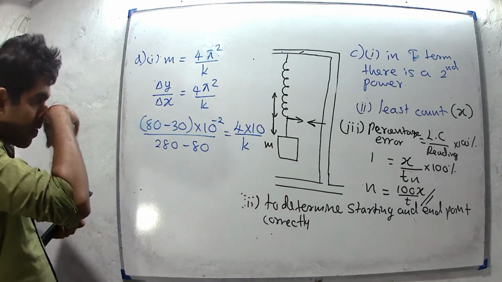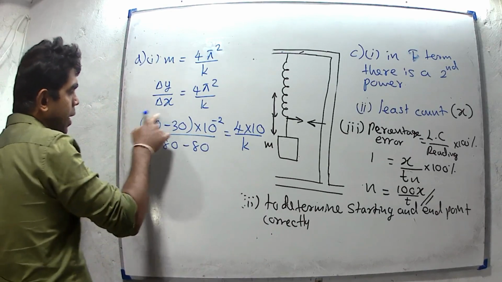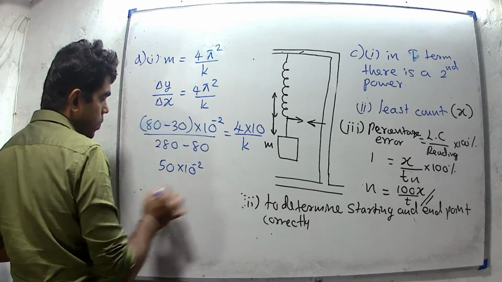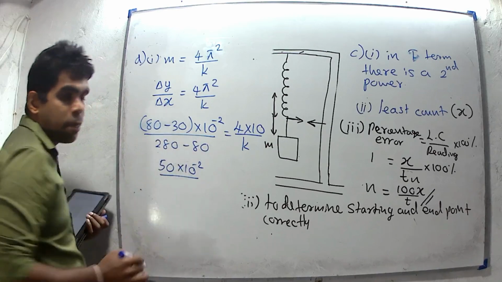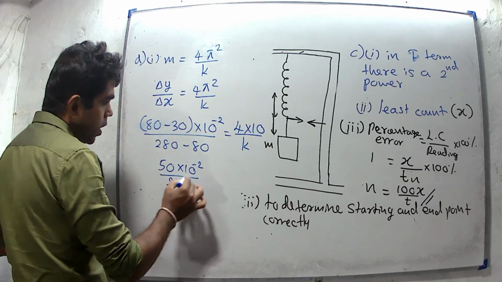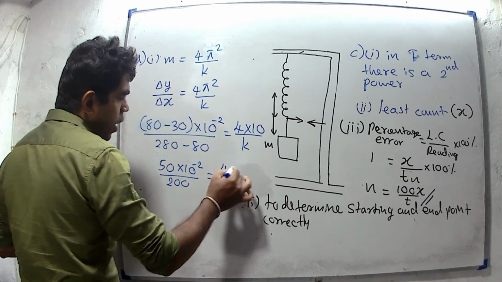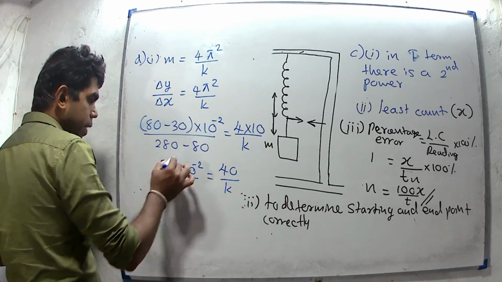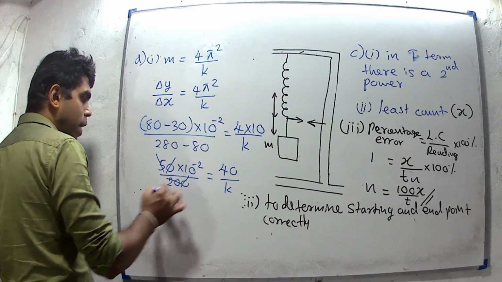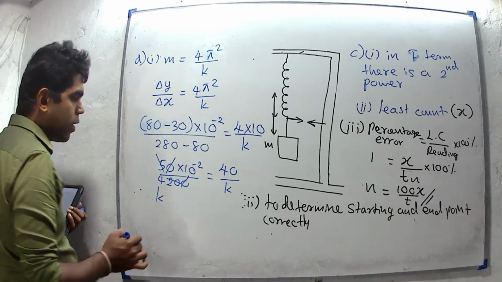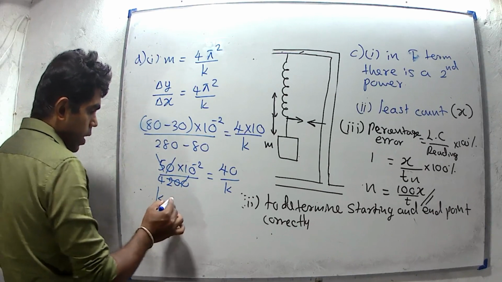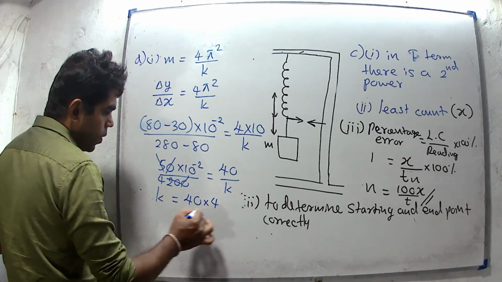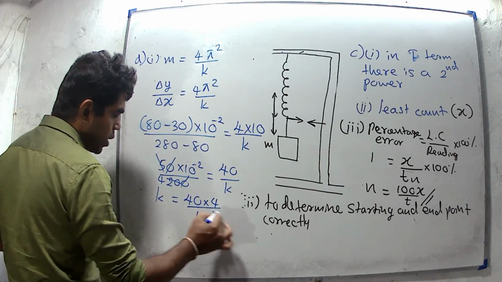Now we have to simplify it. 80 minus 30, 50 into 10 to the power minus 2 divided by 280 minus 80, 200, equals 4 into 10, 40 divided by k. Then I will make k the subject. We can cancel out 5 divided by 5, 1. 20 divided by 5, 4. Then k equals 40 multiplied by 4 divided by 10 to the power minus 2.